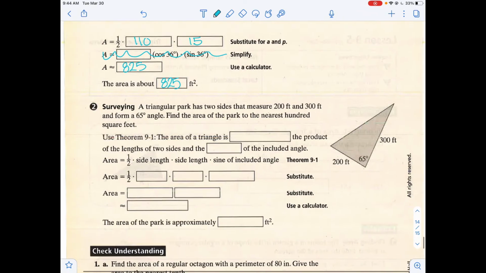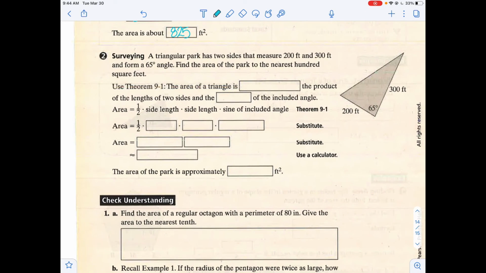Okay, example 2. Surveying. A triangular park has two sides that measure 200 and 300 feet and form a 65-degree angle. Find the area of the park to the nearest 100 square feet.